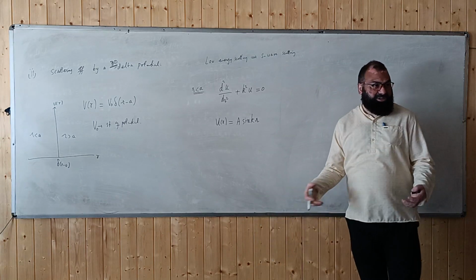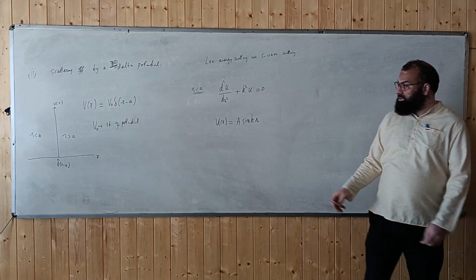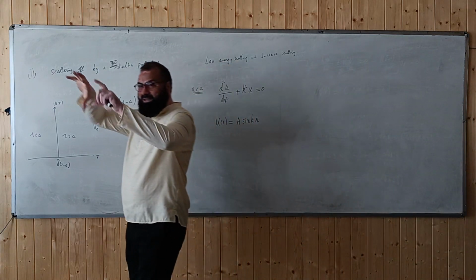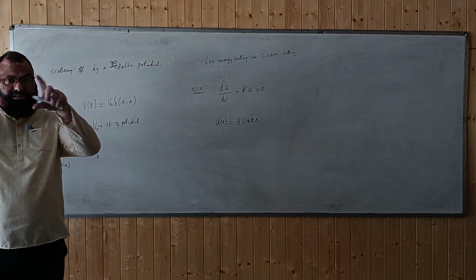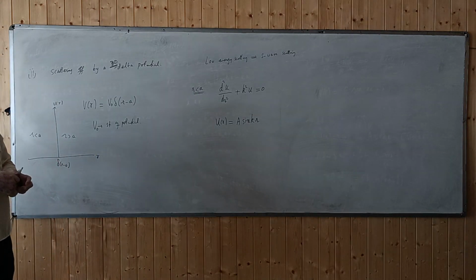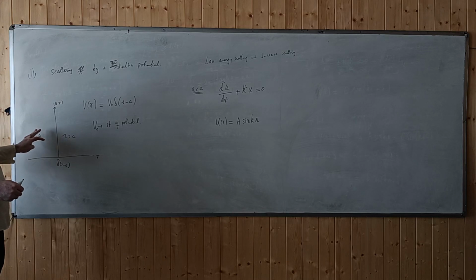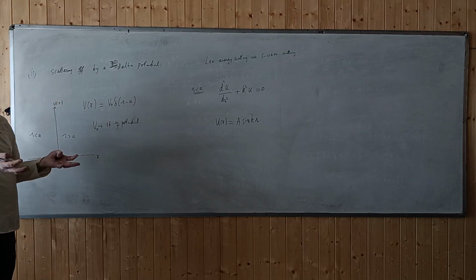To satisfy the boundary condition at r equal to 0, look here, it is not just a line, it's a sphere. It's a spherical potential. That's why r less than a corresponds to the interior domain.